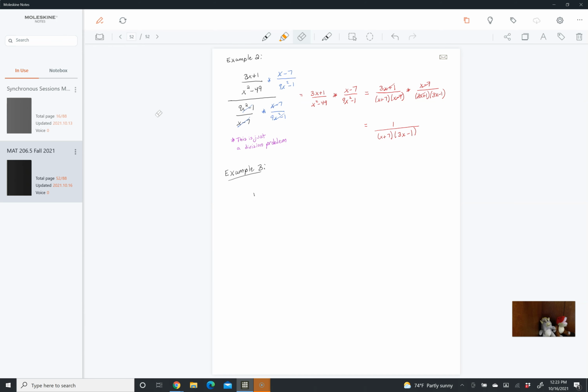So let's say that we have 4 minus 1 over x squared divided by 4 over x, sorry, hang on one second. I just want to make sure over 4 plus 4 over x plus 1 over x squared.